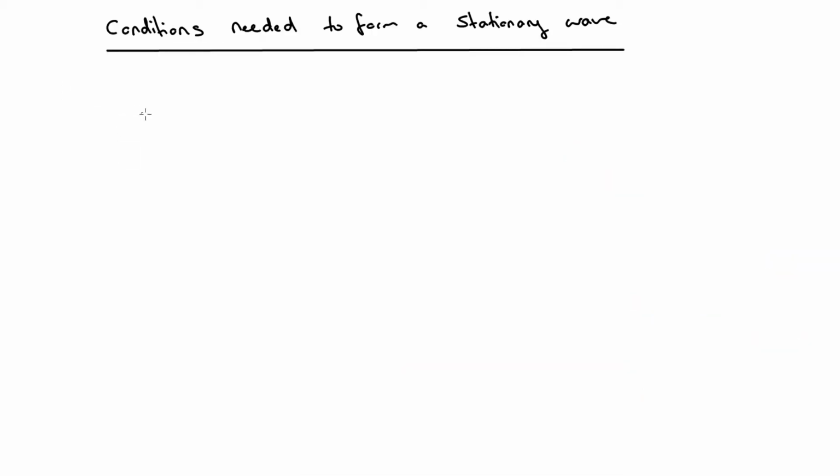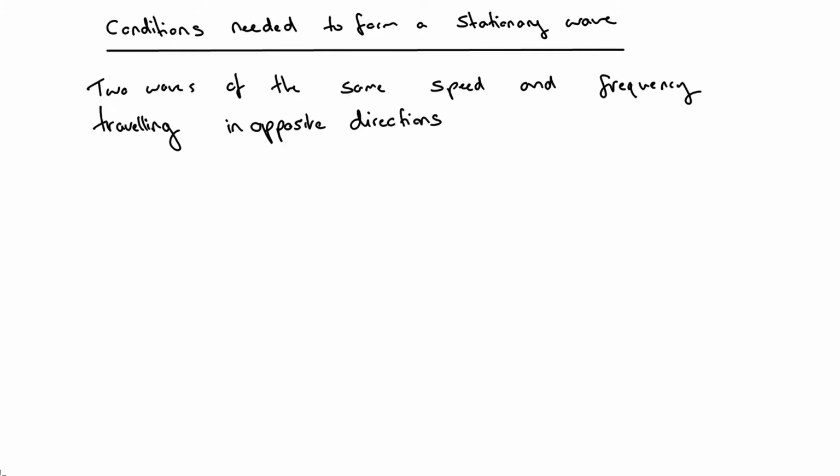Okay, so let's recap. What conditions do we need to form a stationary wave? Well, really two things. We need two waves of the same speed and frequency travelling in opposite directions. When those two waves superpose, interfere with each other, we will get a stationary wave pattern produced.